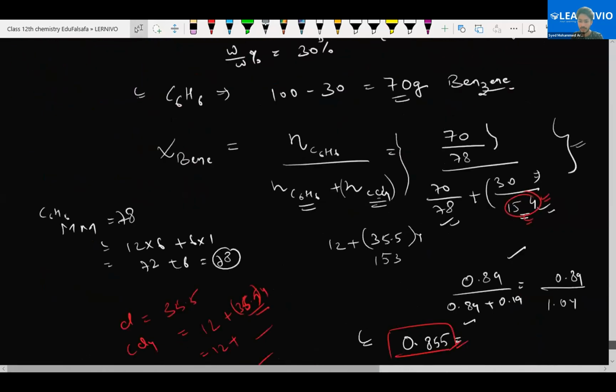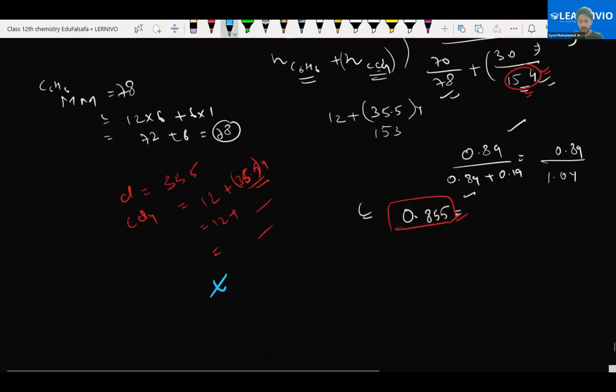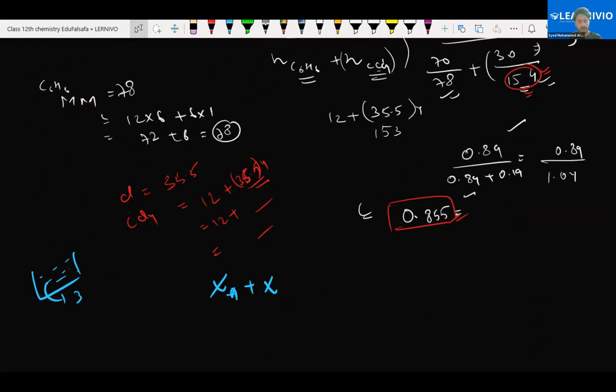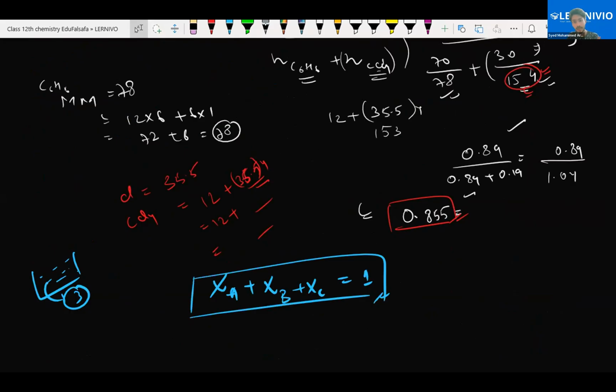Okay, sir. In the previous class, what I have taught you is the summation of all the mole fraction components. It only depends on how many components are dissolved in the solution. Let's say we have 3 components dissolved in the solution. If we add the mole fractions of these components, you will end up getting 1 as a whole. Why? Because it is similar to the example of the pizza that I gave you in the last lecture.